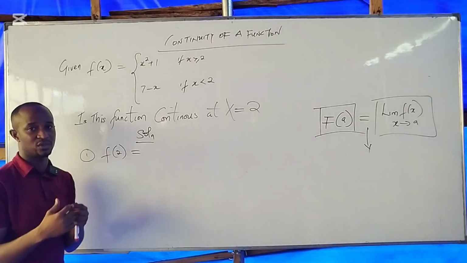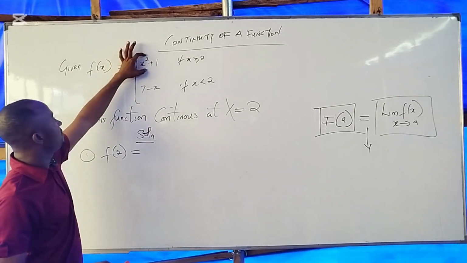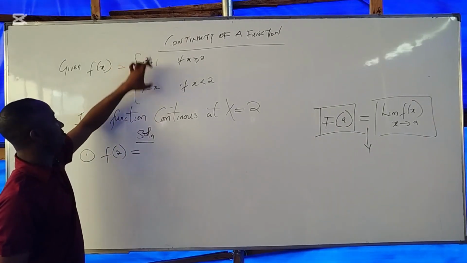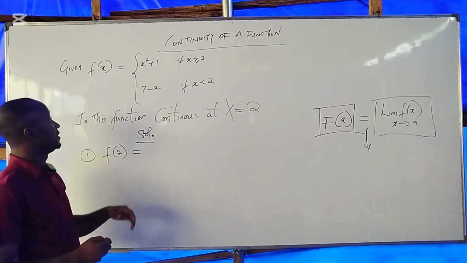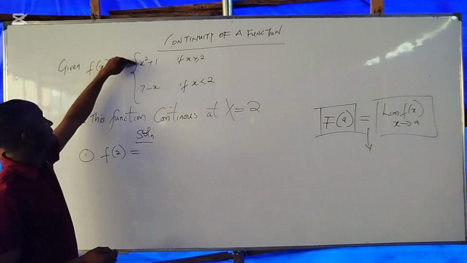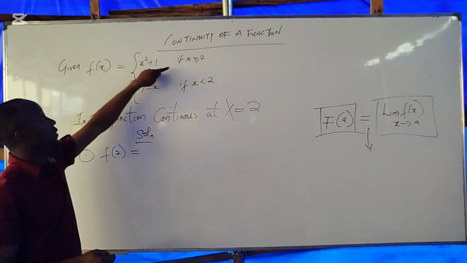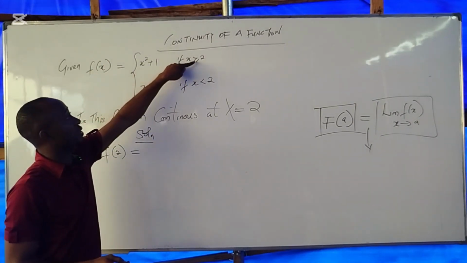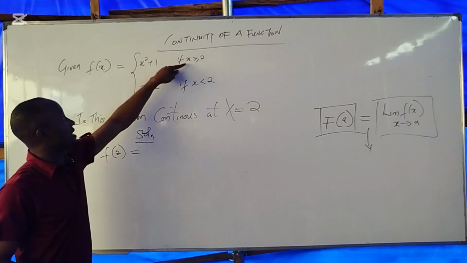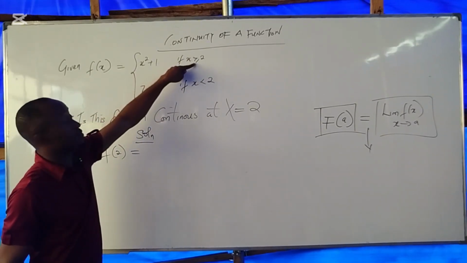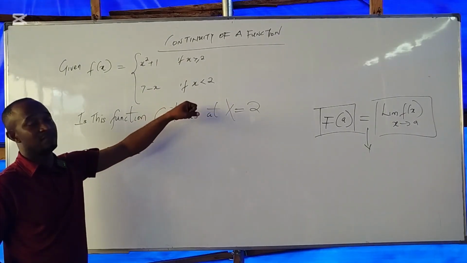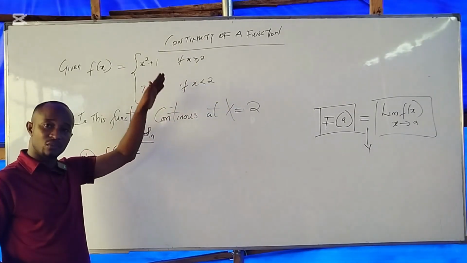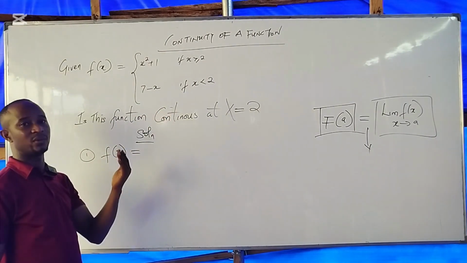Now I'm going to ask a question between this and this. Which of these functions behaves when x equals 2? When x equals 2, the function behaves as x squared plus 1, because we are told that if x is greater than or equal to 2, that means the value of x in this function must start from 2, 3, 4, 5. But for this, x is less than 2, meaning from 1, 0, just that way, right?